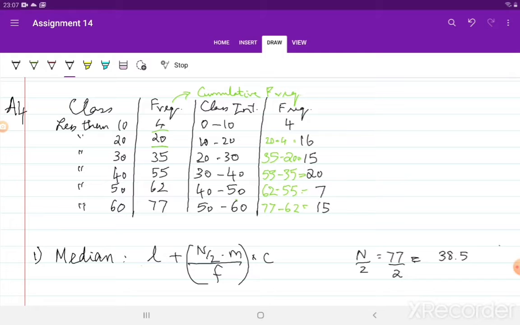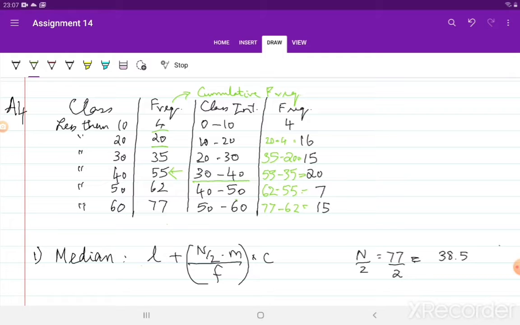And remember, to find the median, we anyways need the cumulative frequency column as well. So to locate the 38.5th value or the 39th value, we need to look along the cumulative frequency column. And as you can see, the 38.5th or the 39th value will lie in the 30 to 40 class interval.